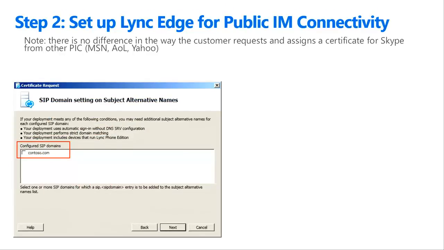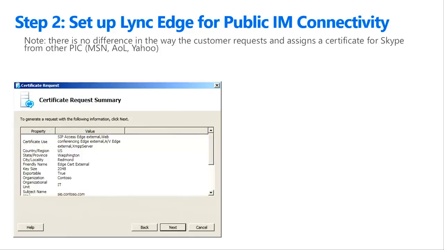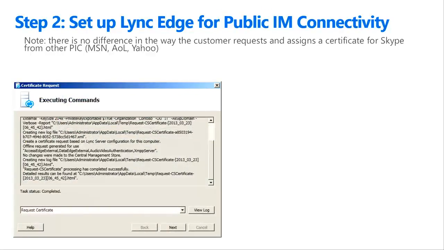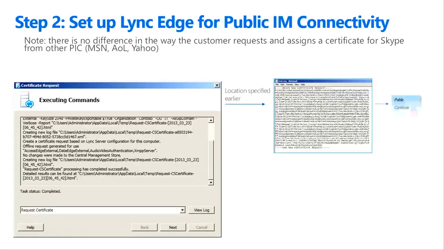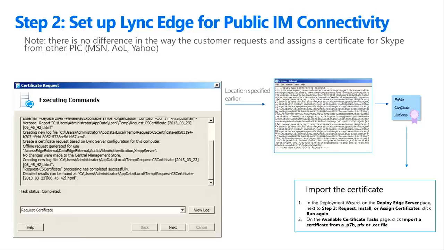It actually goes out and finds this, so that this list is populated. I go ahead and select my contoso.com. It then gives me a little review of what it's about to do. It then generates the certificate. There it is. I ship that off to my public certificate authority, or CA. I then import the certificate I receive back from them on my Edge server, and I'm up and running.